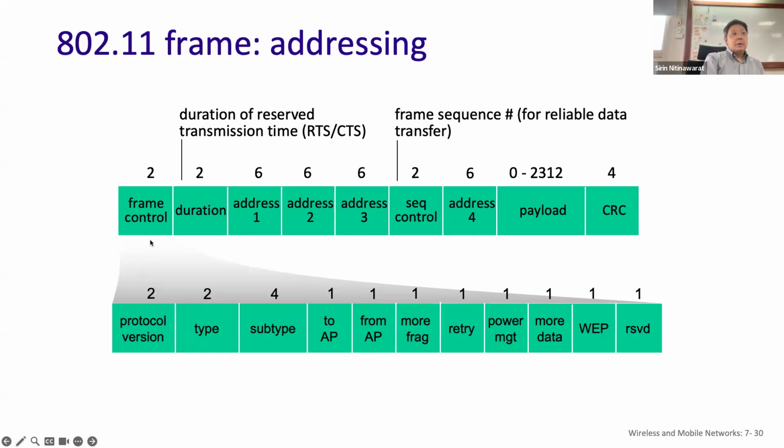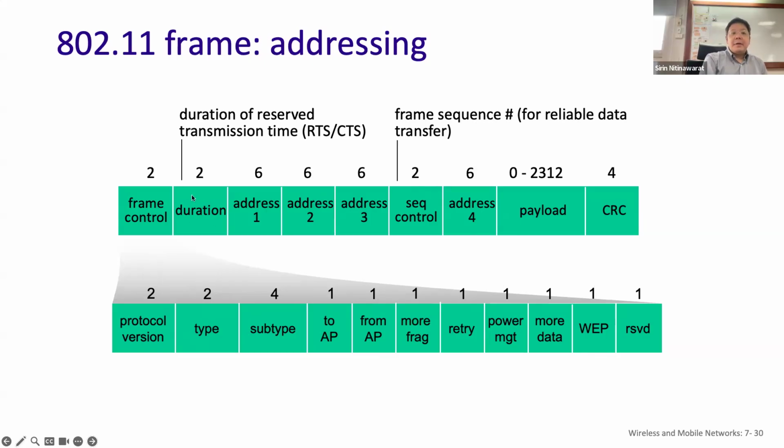Okay. Including protocol version, type, subtype, a bit showing whether this frame is to AP or from AP. Okay. And other control bits.